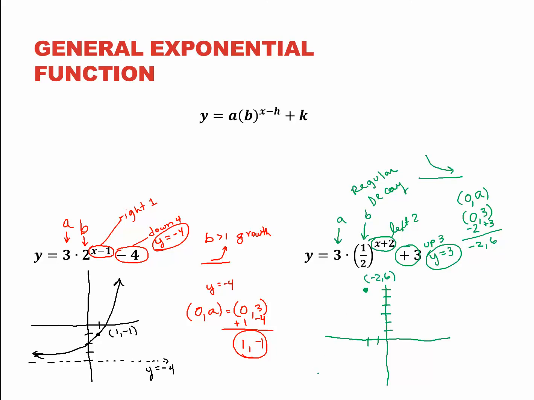Okay. The asymptote happens at y equals 3, 1, 2, 3. And it's regular decay, so it's going to be doing something like this. Okay. All right, so please make sure that you review this instructional video and that you work on your practice.